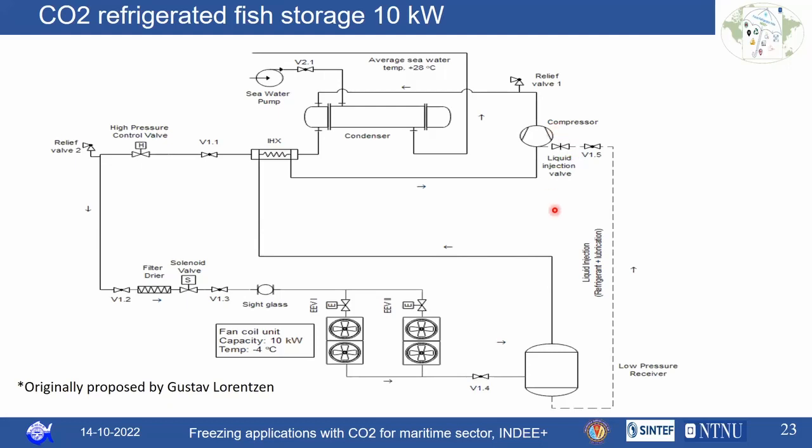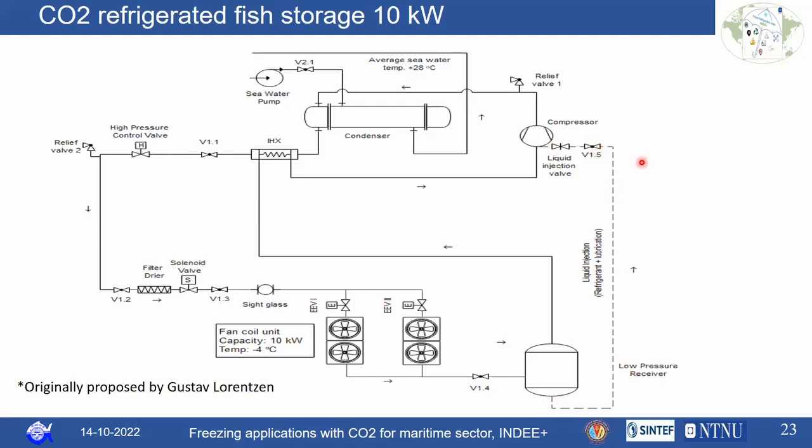With this arrangement, we are able to reduce the cost of oil circulation, and the compressor can also be cooled using liquid injection. The liquid obtained at this low pressure receiver can be pumped to the CO2 compressor.